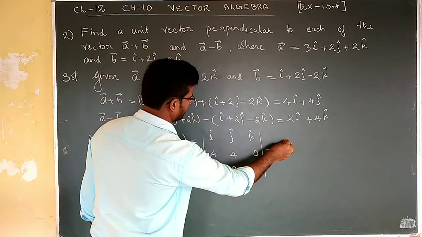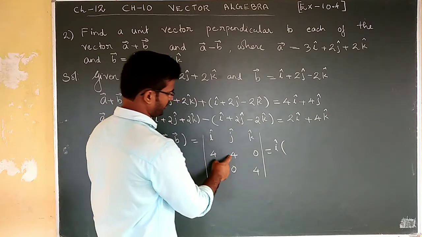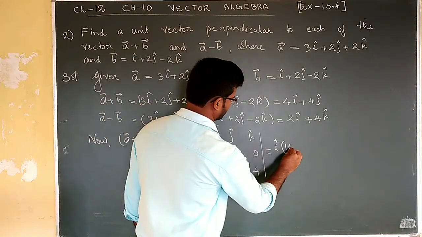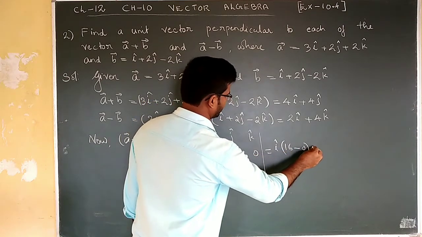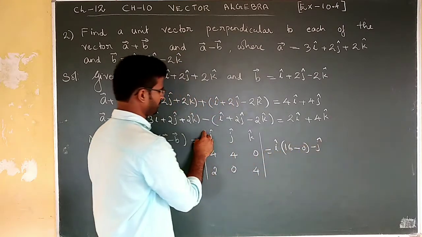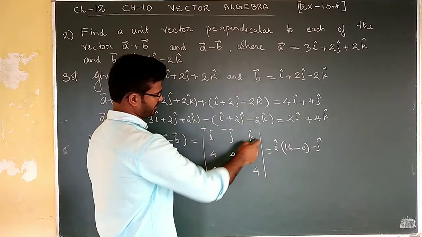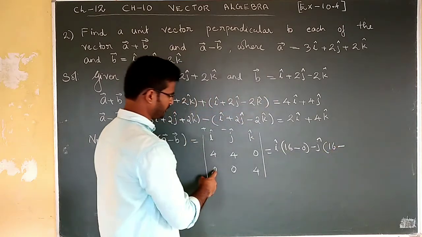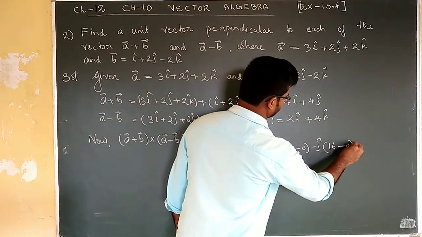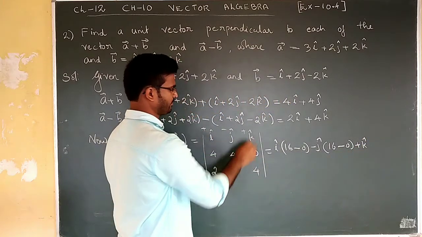equal to i into, leave the first column, first row, 4 into 4, directly we can write 16 minus 0 into 0, 0. Then minus j vector, because in here plus, next will be minus only, isn't it? Then leave the second column, first row, then 4 into 4, 16 minus 2 into 0 is 0. Plus k vector, plus minus, next plus only, isn't it?